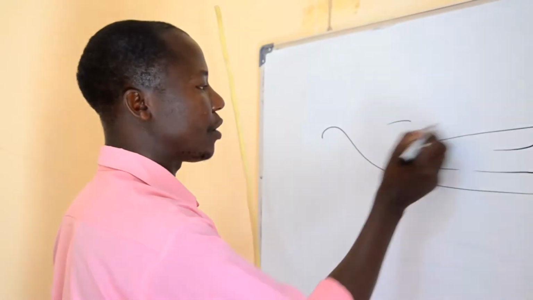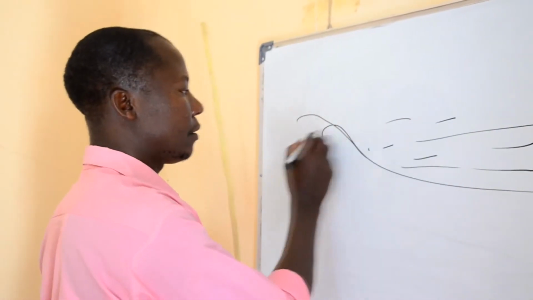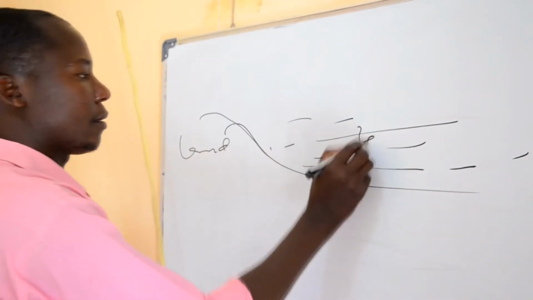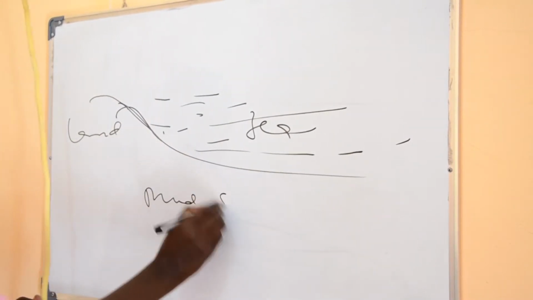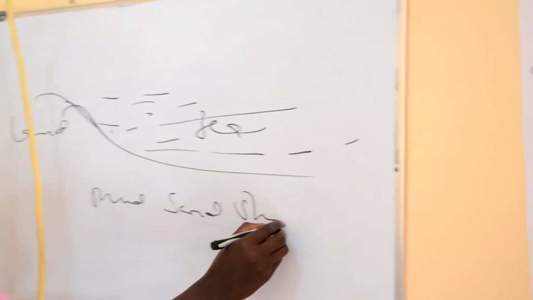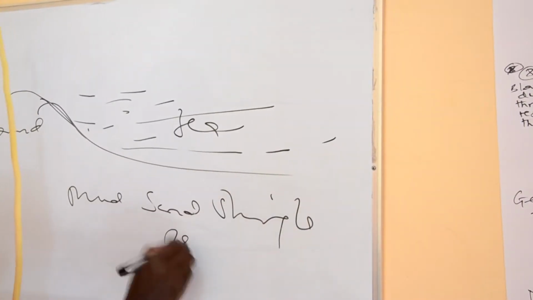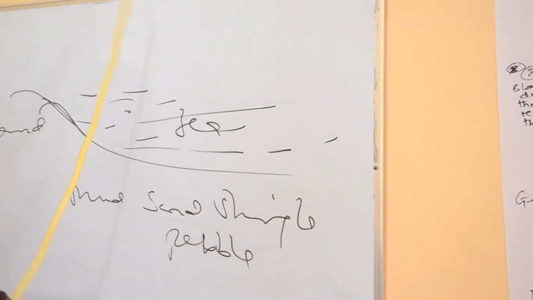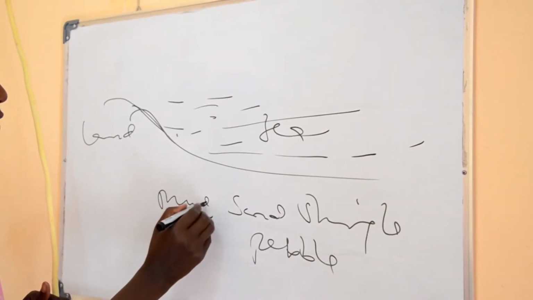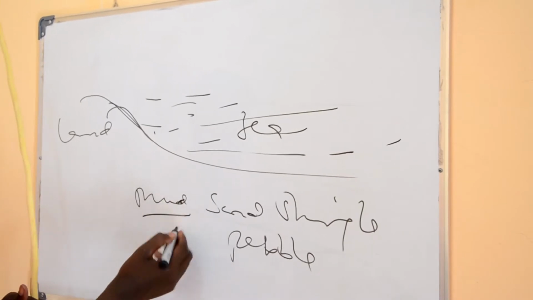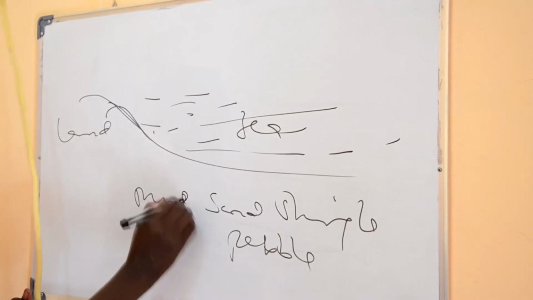As I have described the meaning of sand, shingle, and pebbles, you study mud, sand, shingle, and pebbles. Therefore, the nature or size of these materials is different. For instance, mud is a material which is fine in nature, like a powder-like structure.